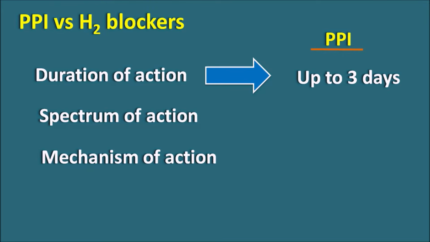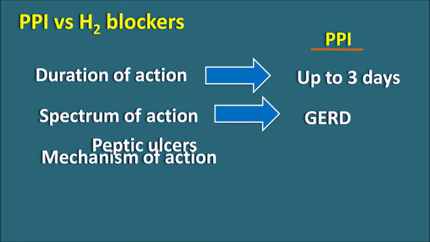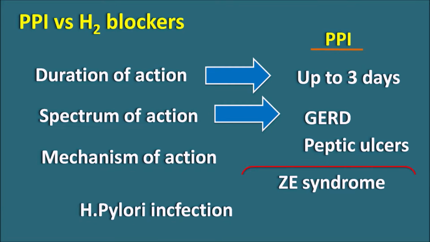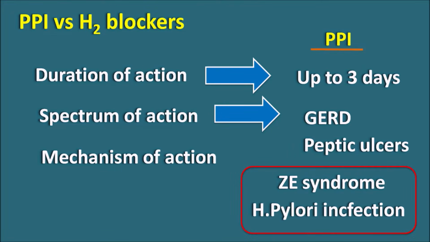Now let us see the second point of difference, spectrum of action. Both of these categories of drugs can be given in clinical conditions like GERD, gastroesophageal reflux disorder, as well as in the treatment of peptic ulcers, where both categories of drugs decrease the gastric acid secretion. But in a few clinical conditions like Zollinger-Ellison syndrome, as well as in H. pylori infection, the proton pump inhibitors are preferred compared with the H2 blockers.